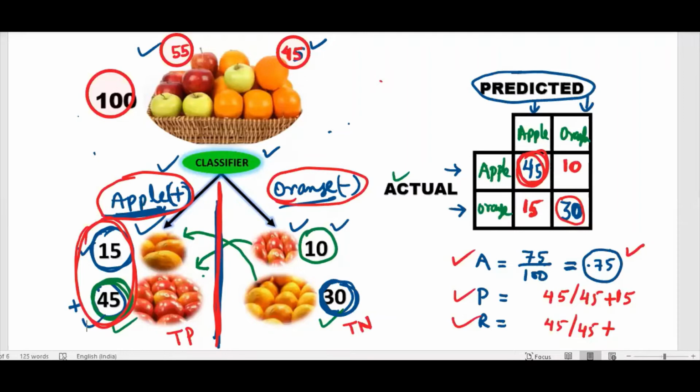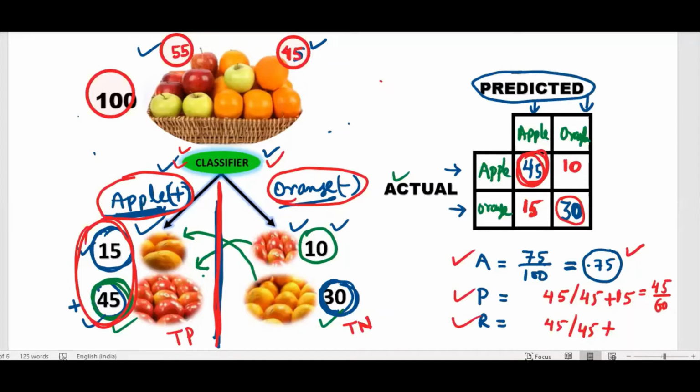Whatever algorithm and classifier we used here, we have names also, we'll use them by name in subsequent classes. The classifier was able to predict 45 apples correctly, but it made a mistake for 15. So what is the percentage? It's more than 50%. We can understand, because it is 45 out of 60, right? So let me write 45 out of 60.